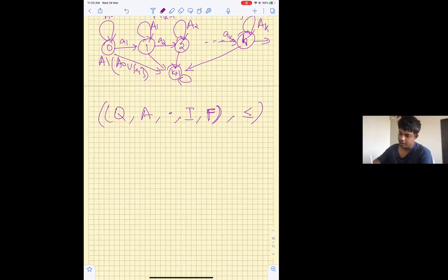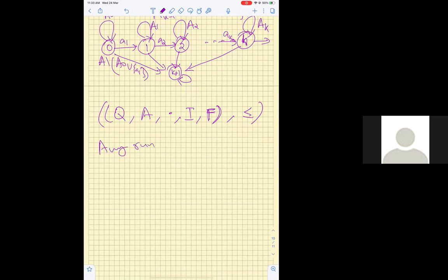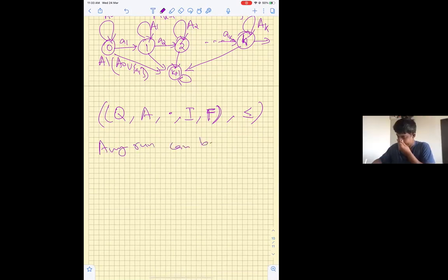So basically, what you're saying is that any run can be split to some Q0, Q0, and then A1, Q1, Q1.